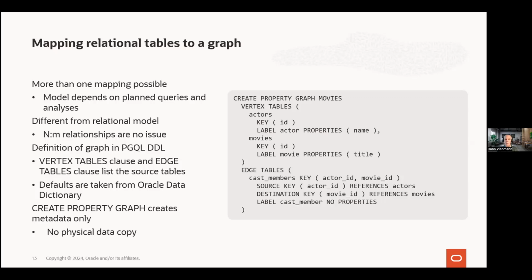And again, we'll show that in a second. So all of the functionality which is now in the kernel of the database, that is new. That is something which obviously we didn't have on the Big Data Appliance, because there was no Oracle database on the Big Data Appliance.